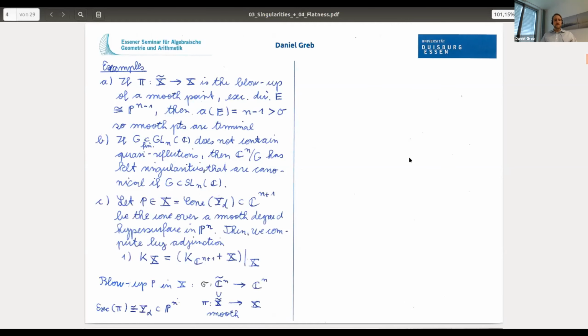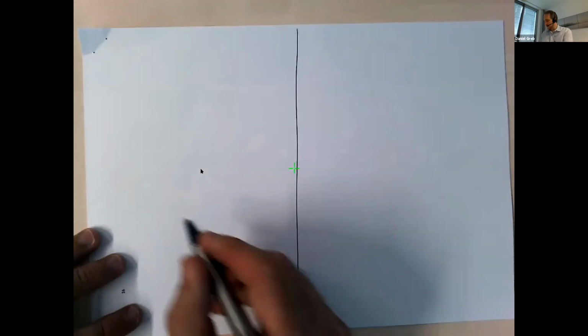Another set of examples is provided by cones, cone singularities. Let's take a cone over a smooth degree d hypersurface in P^n. Let me draw a picture here. I will do this computation in the following picture.